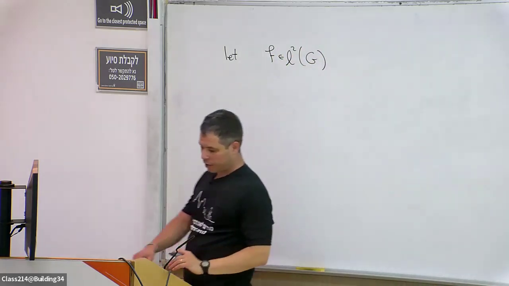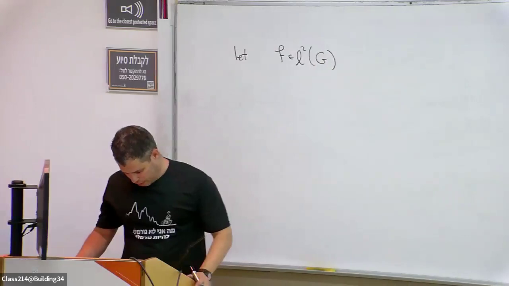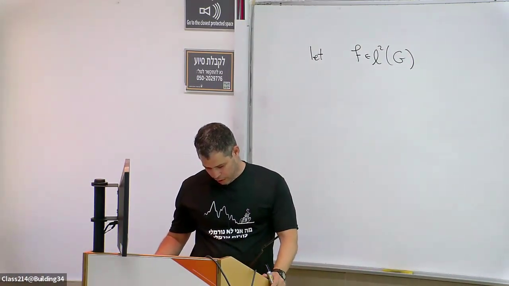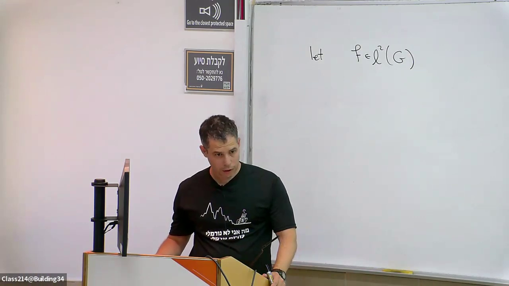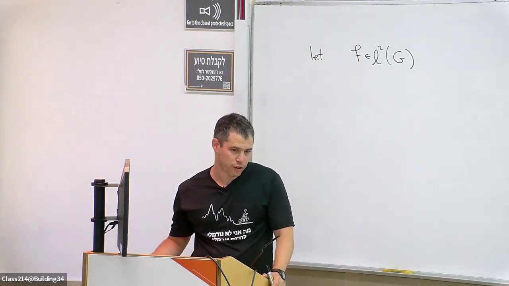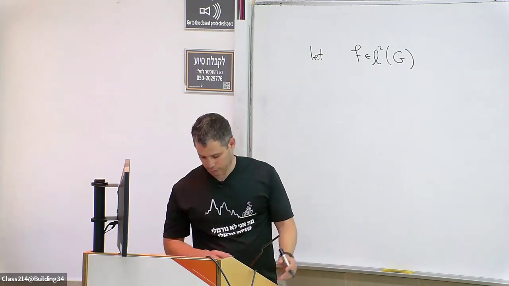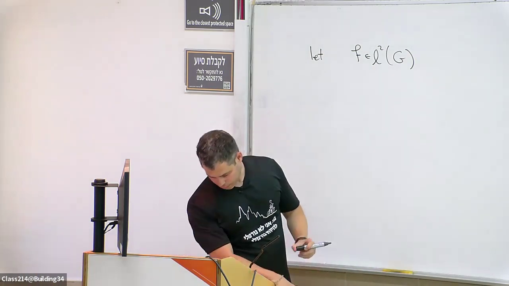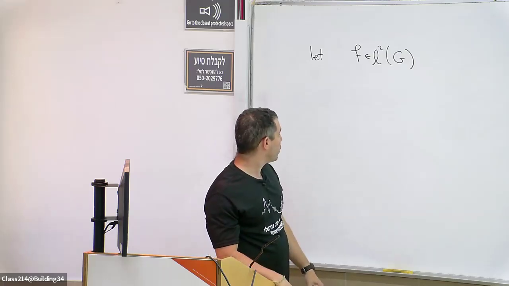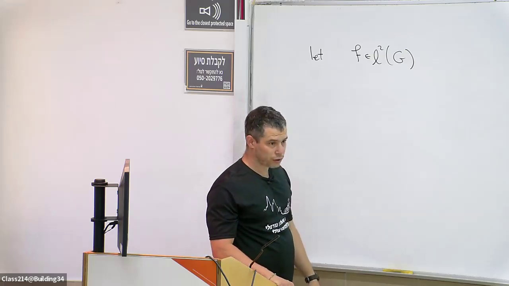Okay. And now I'm going to define, and let's assume some stuff. Haar measure? It's a countable group, so the Haar measure is just the counting measure. Okay, so assume that we have some L2 function.